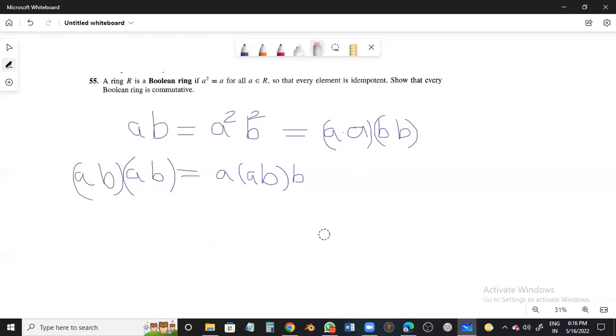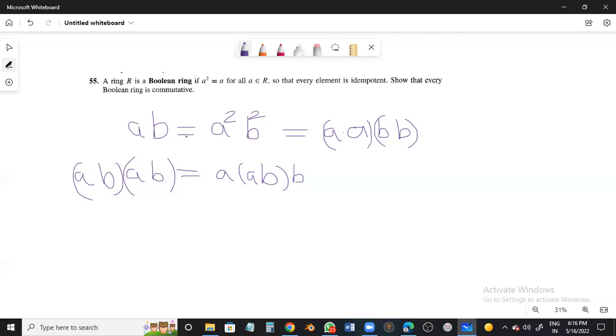I just waited for your answer. See, what fact did I make use of here? AB I can write as A square into B square. So I used A into A multiplied by B into B. I used associativity twice and I got this to be A into bracket AB into B. Now the left side was AB and you know it is also idempotent, so it will be AB into AB itself. So these two sides are equal.